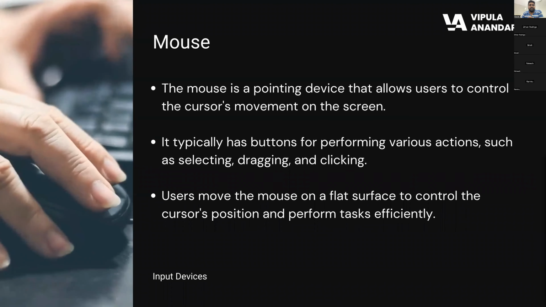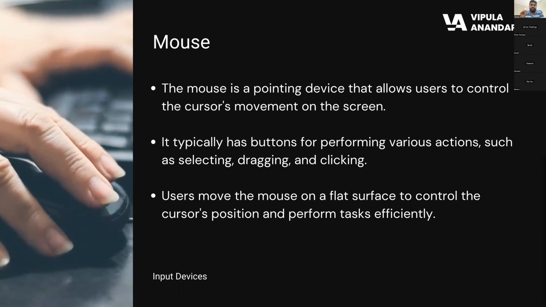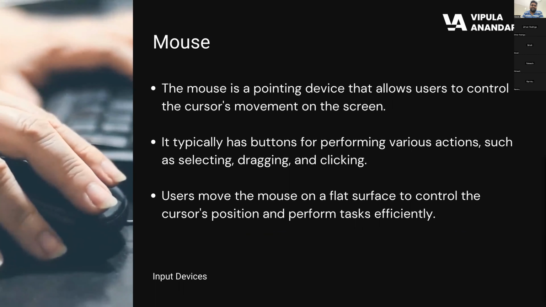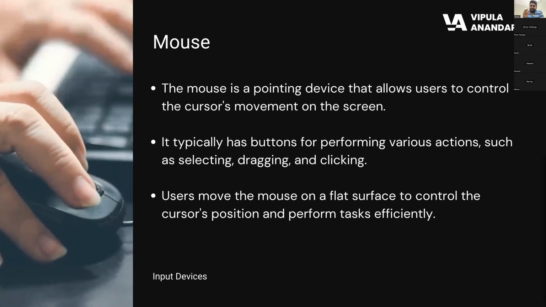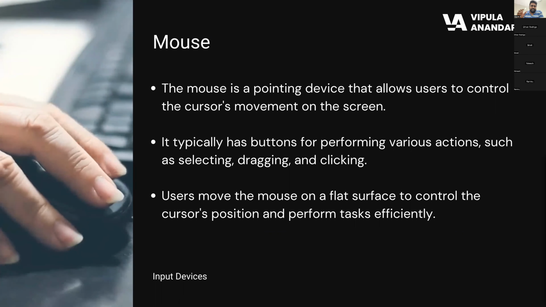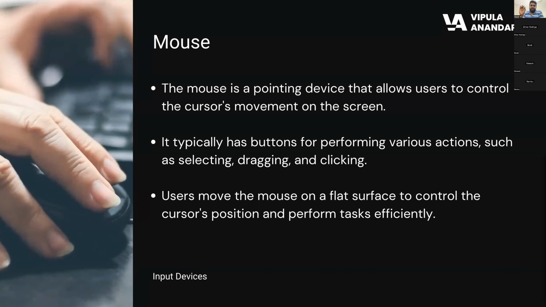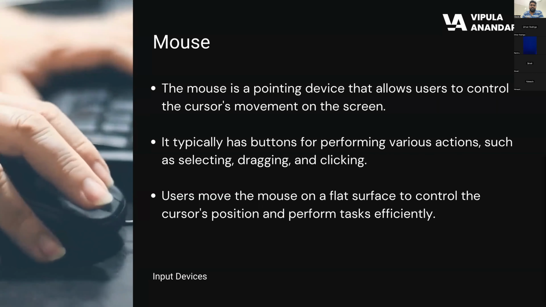And then you have gaming mice as well, where it will basically have different advantages, in the sense sometimes you need to have this high precision DPI, dots per inch range. When you move the mouse from one place to the other, if you have a high DPI range, it will give you a high precision.